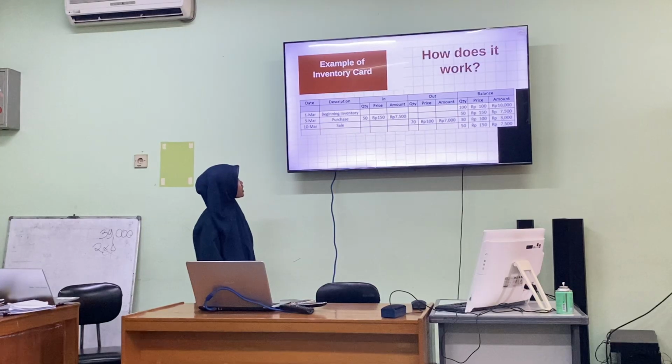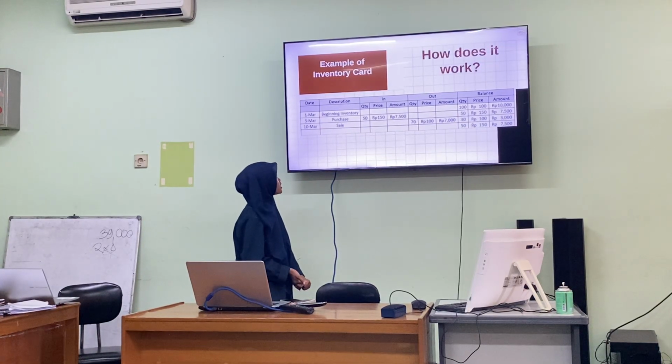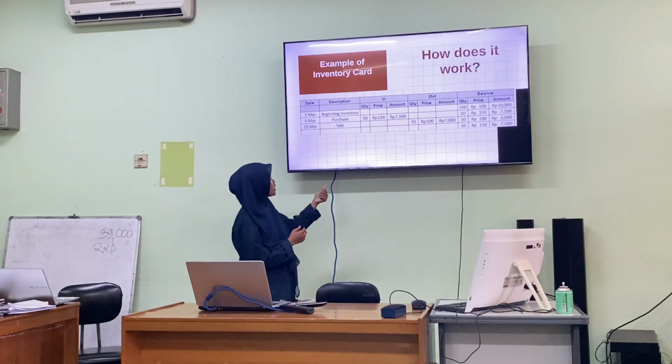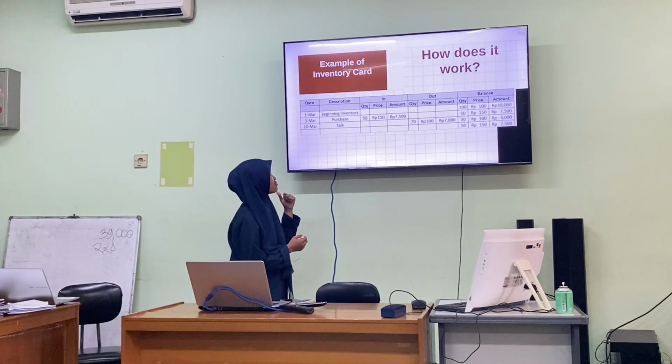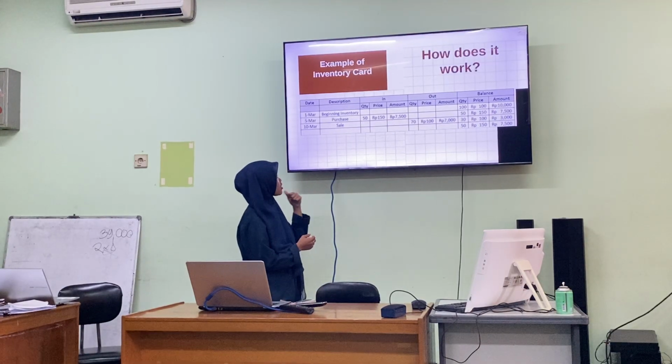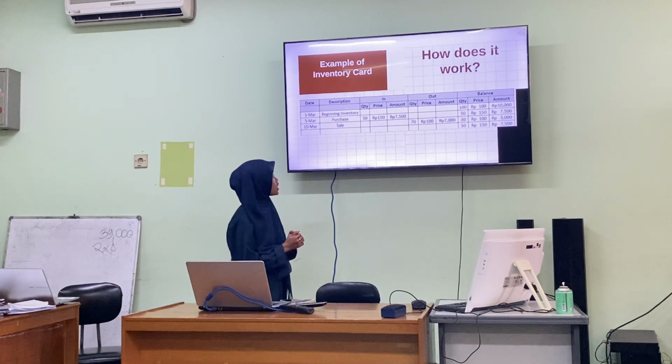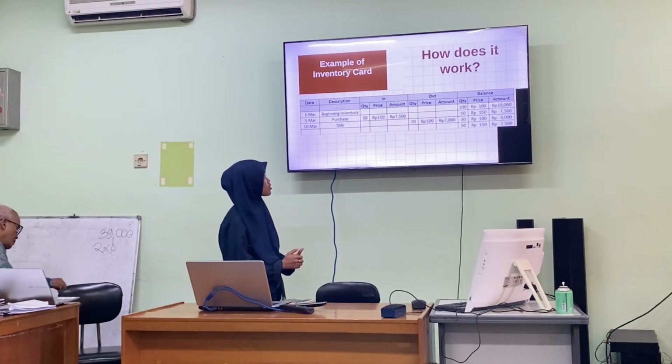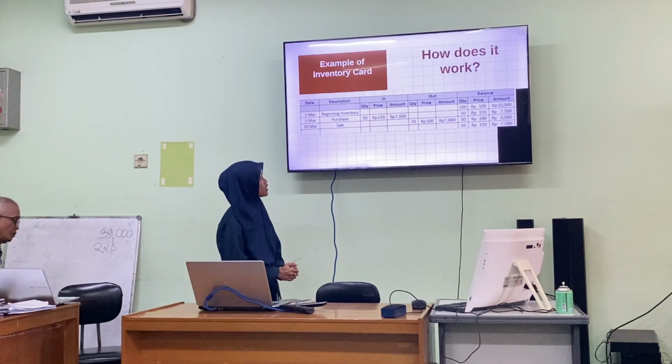March 5, purchase is 50 units at a unit price of 150 rupiah for a total of 7,500.